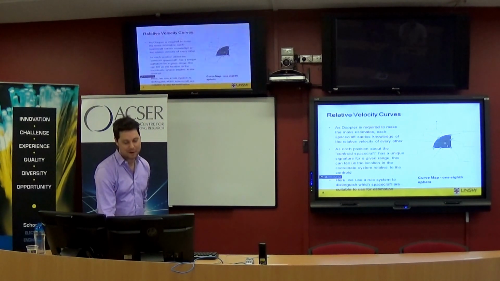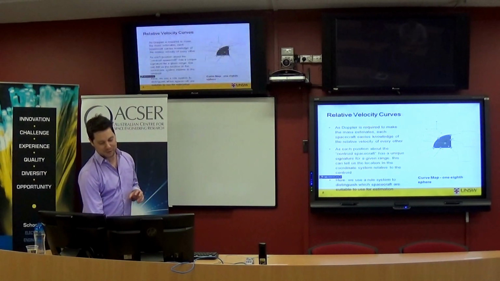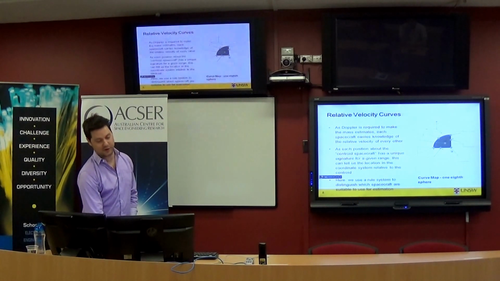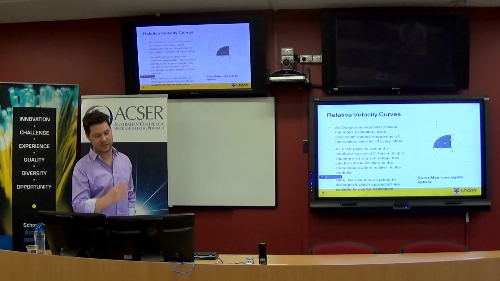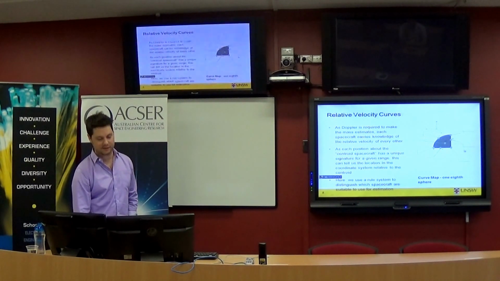And so this diagram probably shows too much information to be easily readable, but each of these curves symbolizes the stretching and contracting that occurs around this from the centroid, so relative to measurements from the centroid spacecraft. And all of these curves are representative of the Doppler shift that you would see.